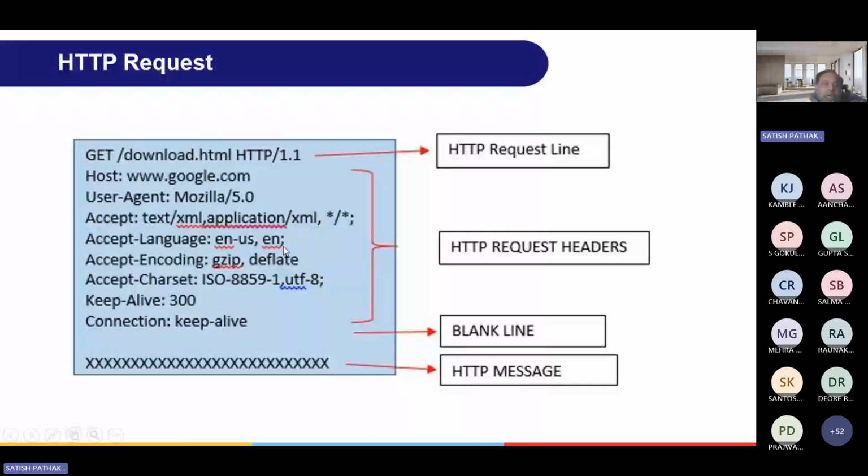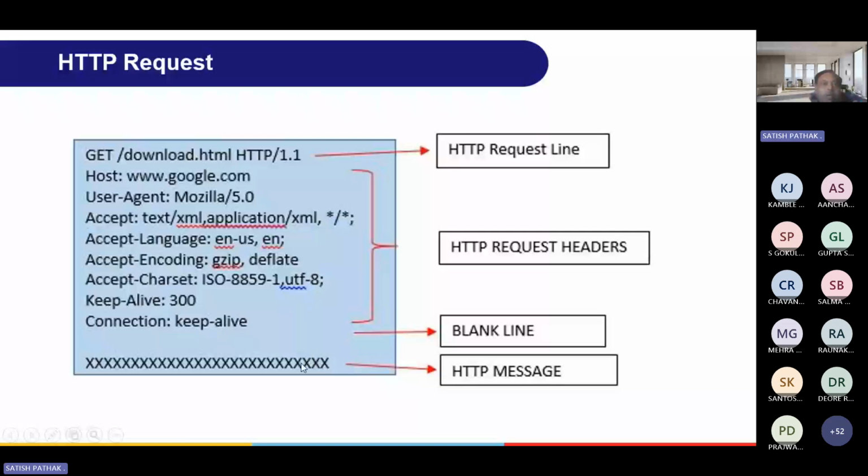Accepted encoding is gzip or deflate. Accepted character set is ISO, and only those character sets are allowed. And keep-alive 300. This is for the request and connection. We will talk about keep-alive. There is the message body right now, either decoded or blank. Right now it is blank here.